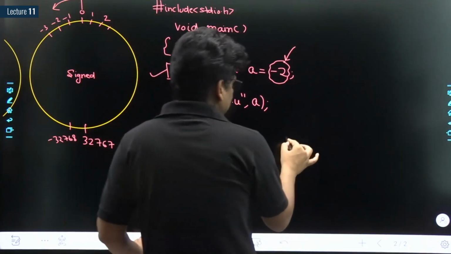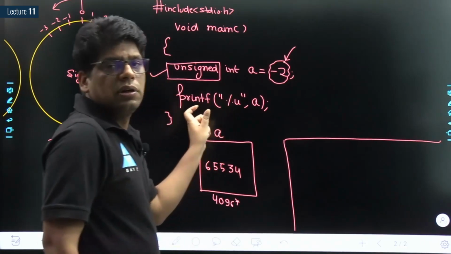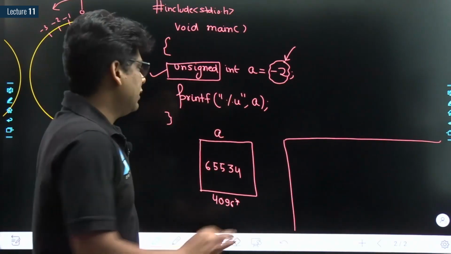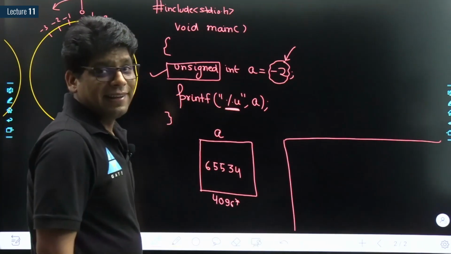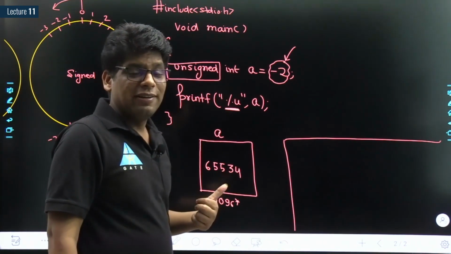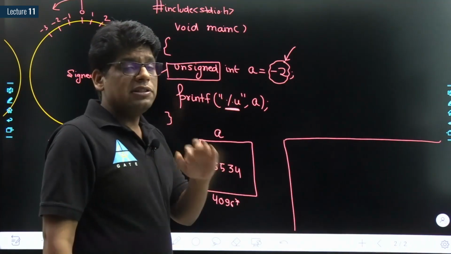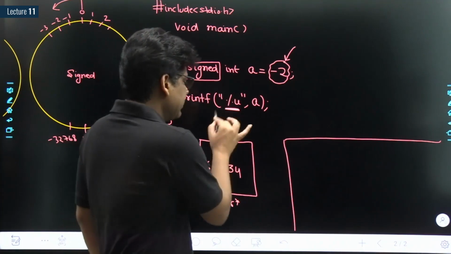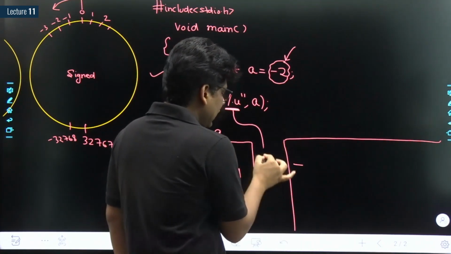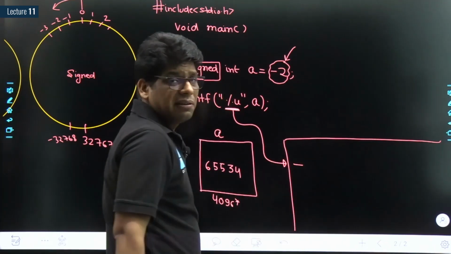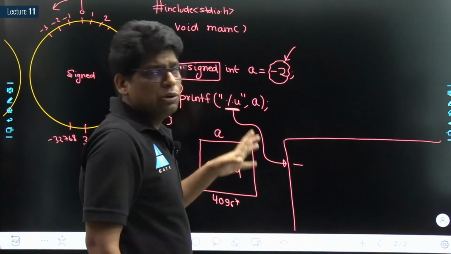Next, what is the task of printf? The task of printf is that whatever you provide in double quotes, it will print as it is. So what are we trying to print? We are trying to print this. But is it text mode? No, because this is the format specifier for unsigned integer. So by looking at this, the compiler gets to know that at the current cursor position some integer value is to be printed.